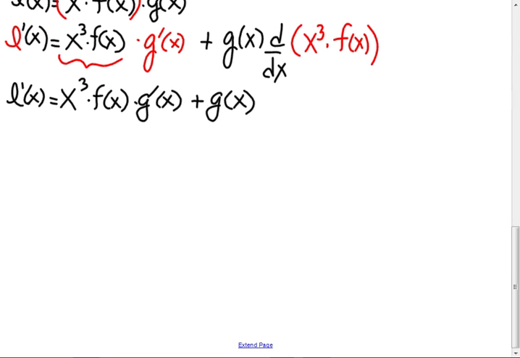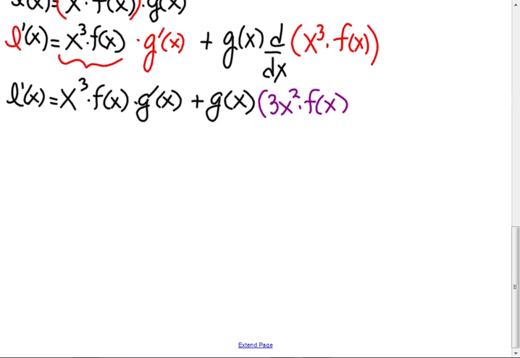Somebody said the derivative of the first one, which is 3x squared times f of x. It's the derivative of x cubed times f plus, remember it's the product rule.